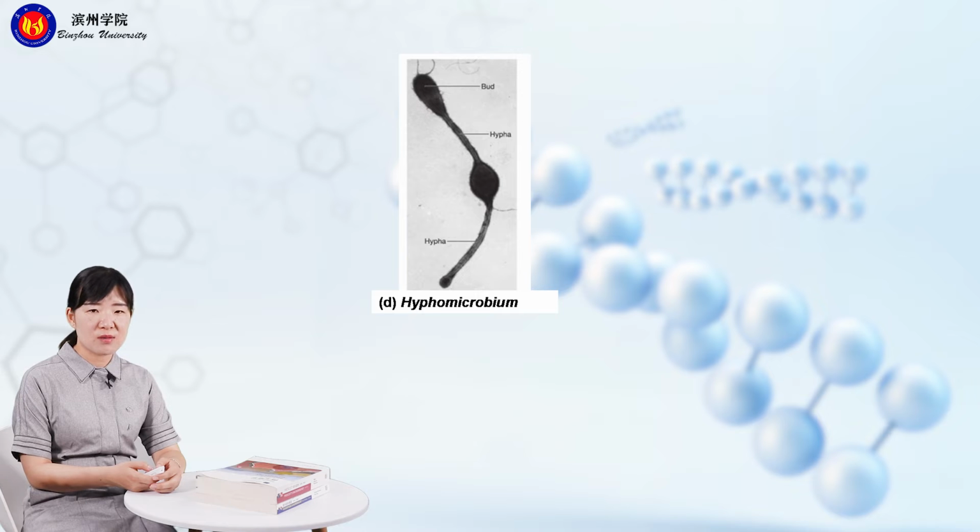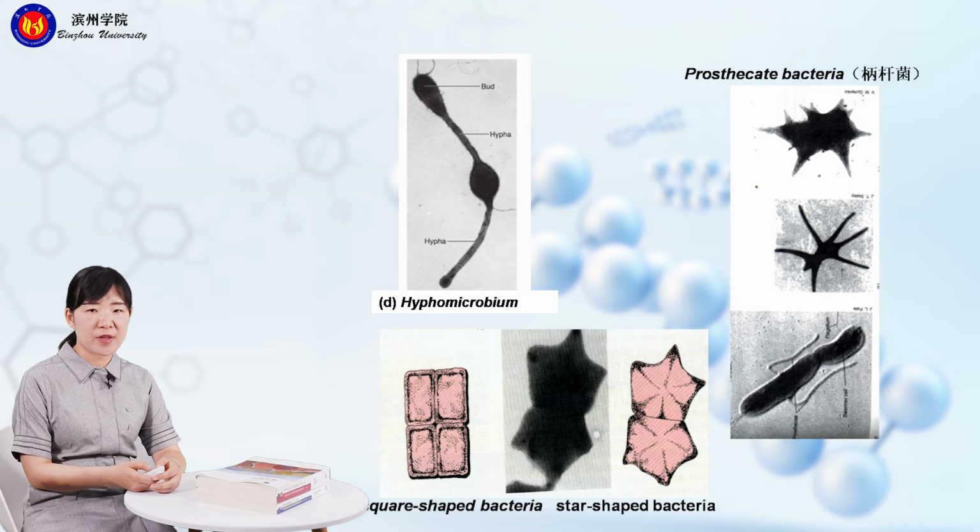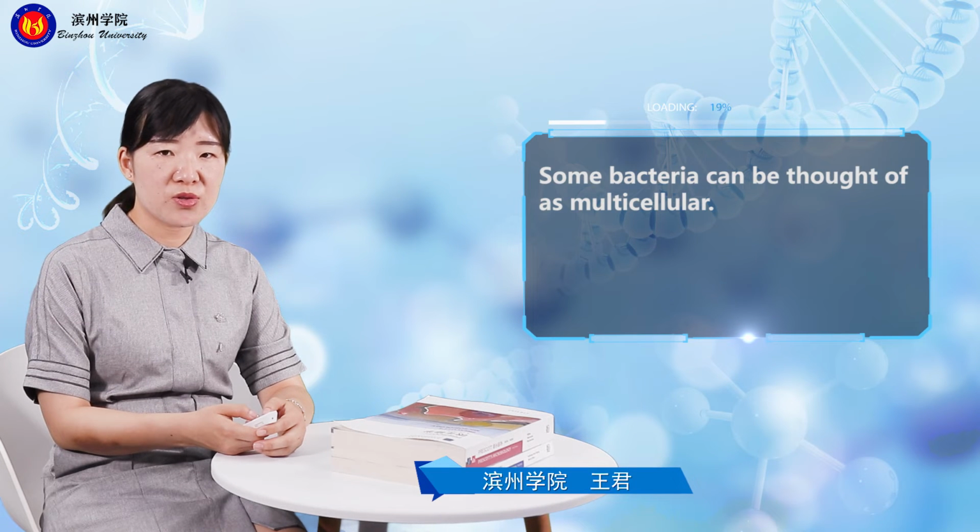Other bacteria are pleomorphic, being variable in shape and lacking a single characteristic form, such as star-shaped bacteria, square-shaped bacteria, and prosthecate bacteria. Some bacteria can be thought of as multicellular.